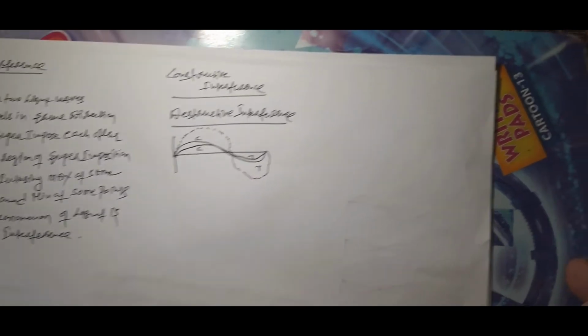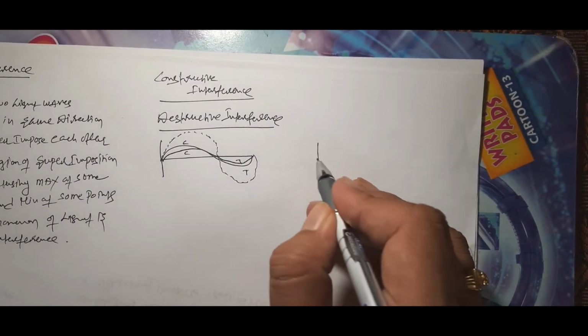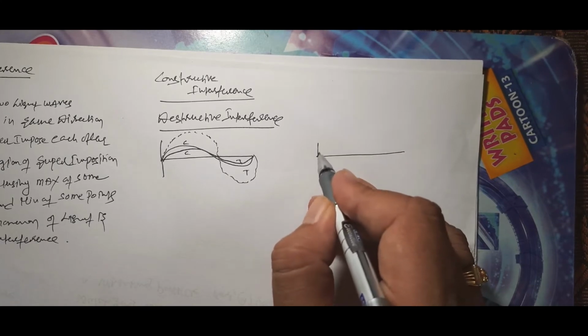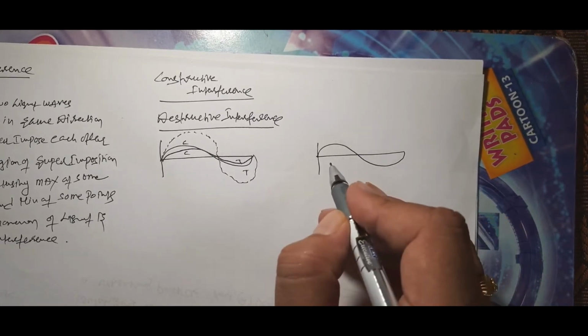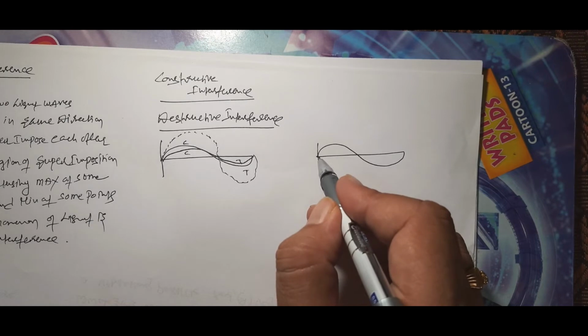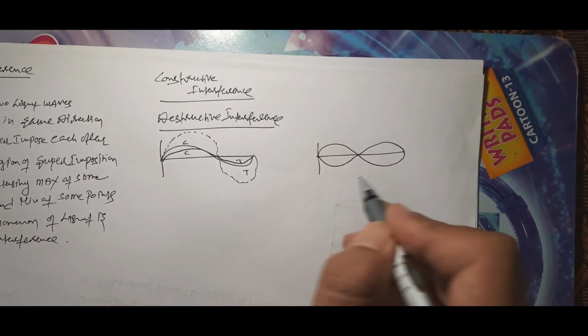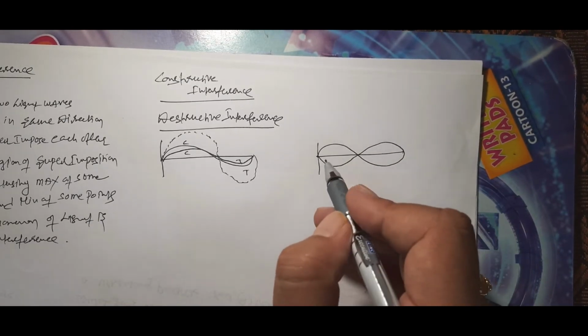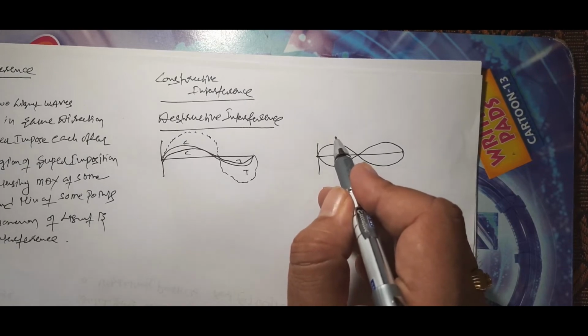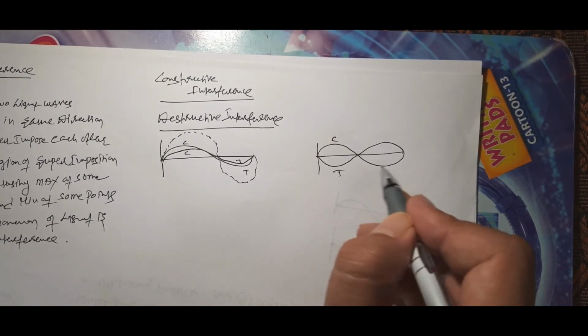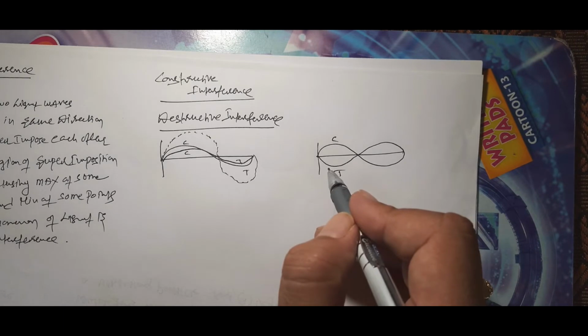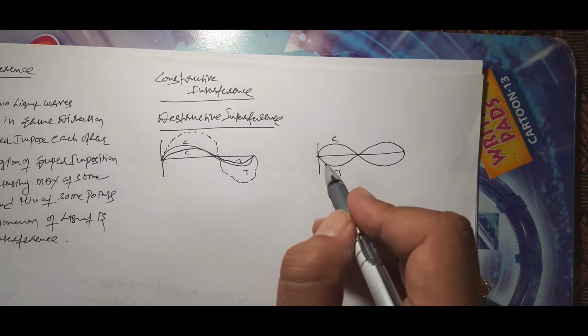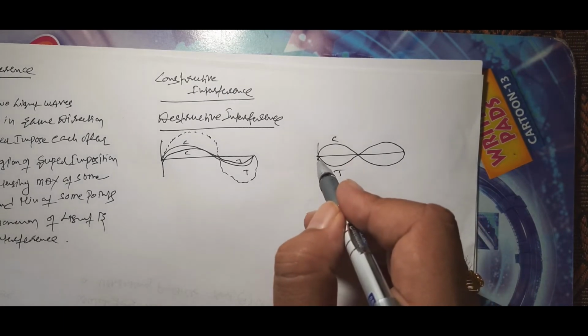Next, destructive interference. What is meant by destructive interference here? Suppose this is one light wave, and this is another light wave. They superimpose like this. The crest of one wave is superimposed with the trough of another wave. Then the resultant intensity becomes minimum.